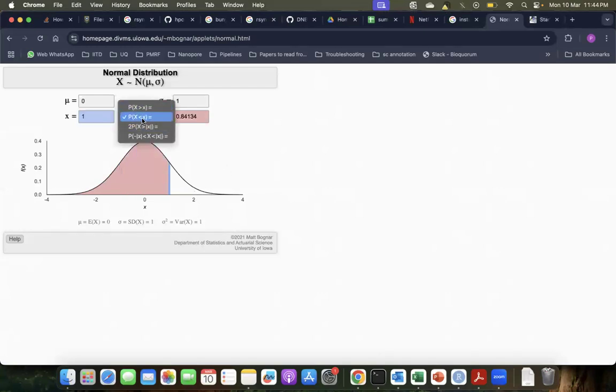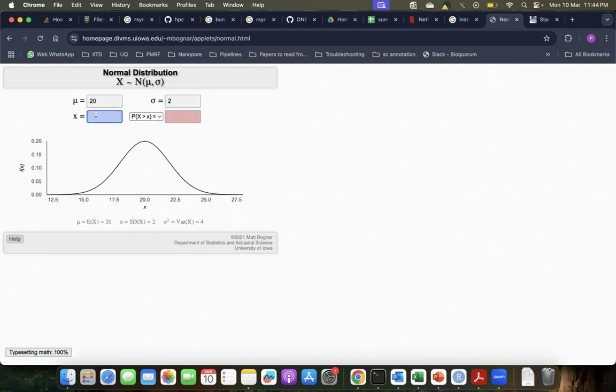We mainly want to find greater than this, right? So it's 0.15866. Had we used the actual values where mu was 20 and sigma was 2, and we wanted it to be 22, we also get the same thing. It's just a coincidence that we took the same values again, but it's giving us 0.15866.